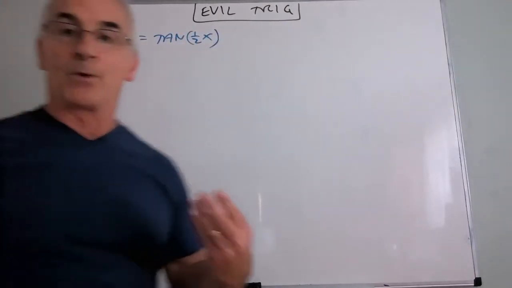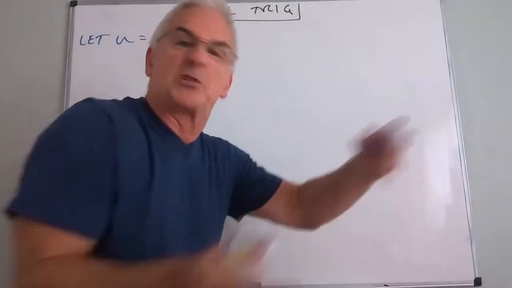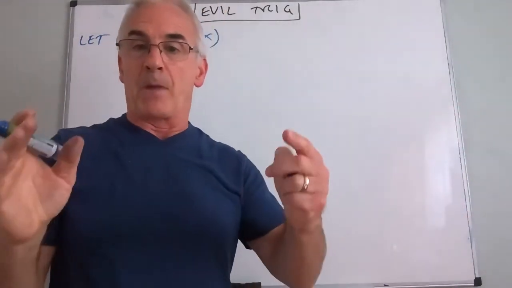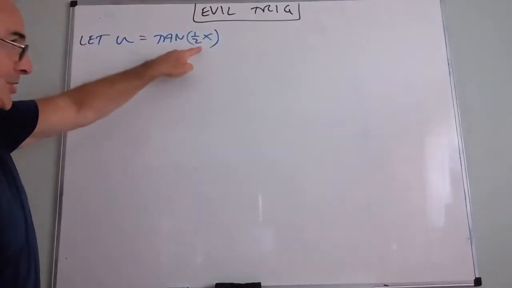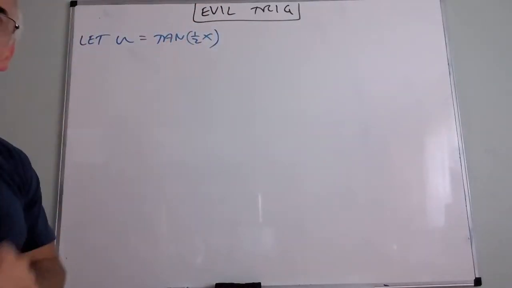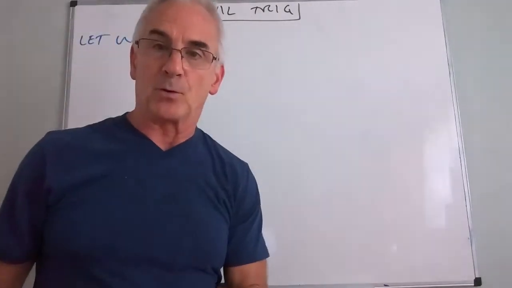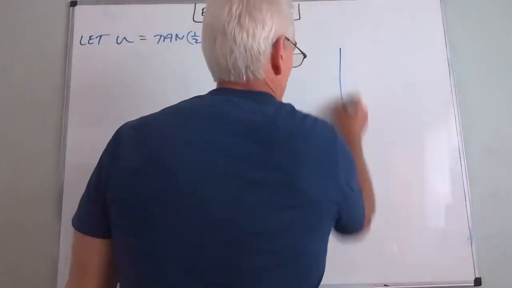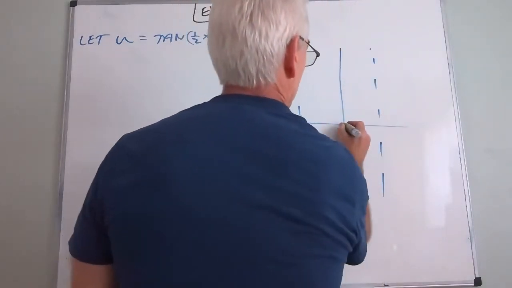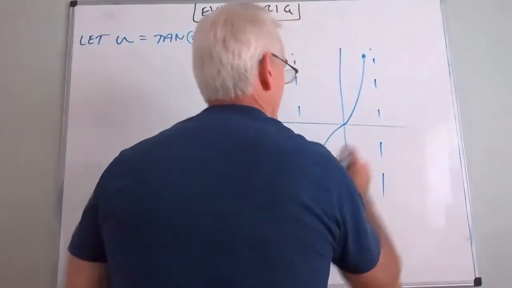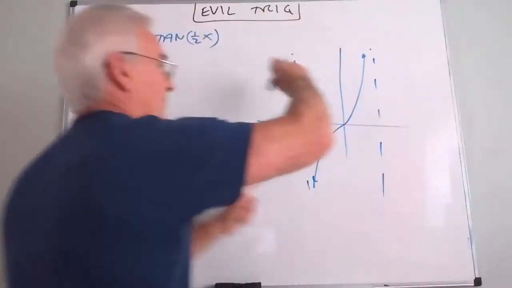Now, remember, we're starting with an integral like I just did, 1 over 2 plus sine x. So my trig functions are all functions of x. So right off the bat, I'm actually changing the argument. And the reason I'm doing this is think about the graph of the tangent function. There's some reason behind this. If I think about the graph of the tangent function, we know this is repeated forever and ever and ever.